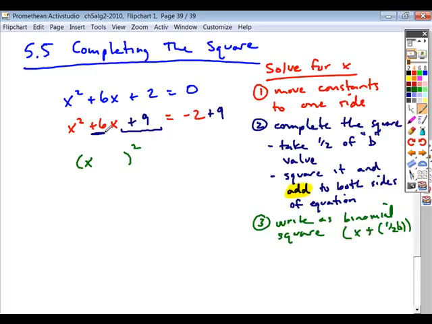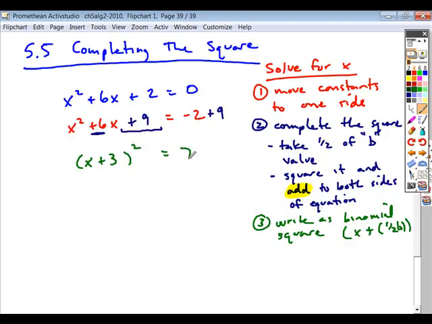Our b value was a positive 6, 1/2 of that is a positive 3. And you can see, if we expand this out, x plus 3 quantity squared is the factored binomial square form of this expression. That's why following these two steps will always lead you to this perfect square trinomial form.